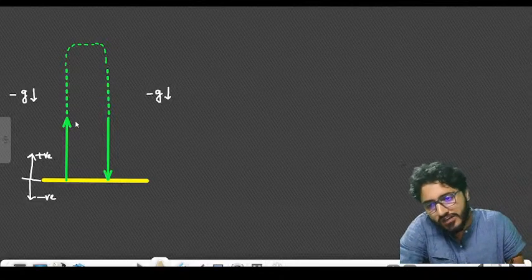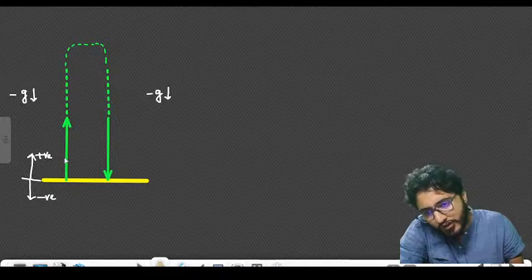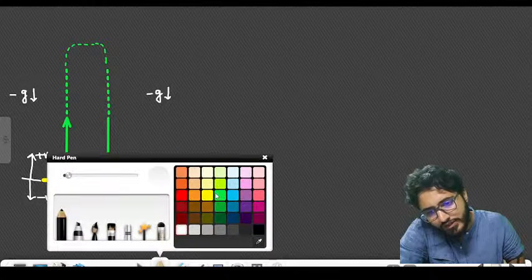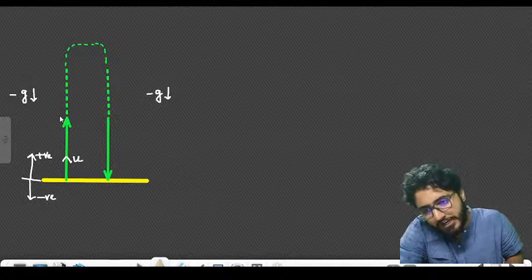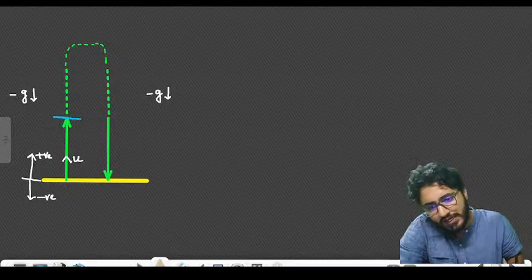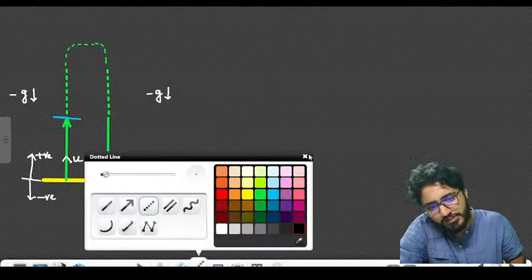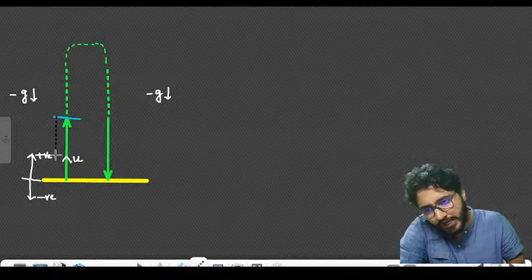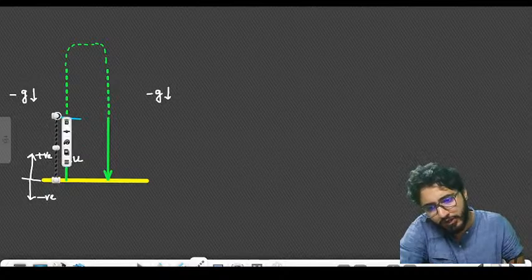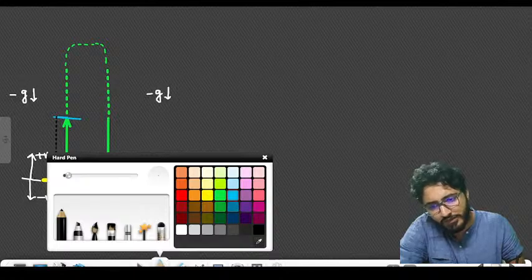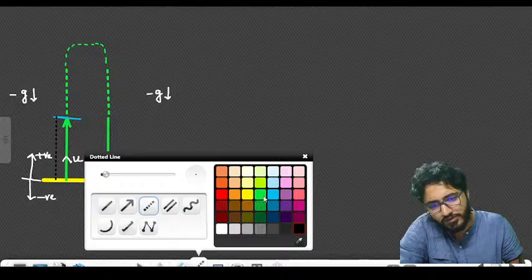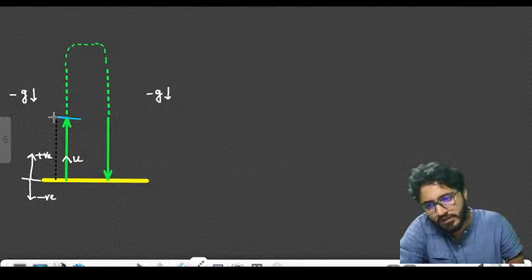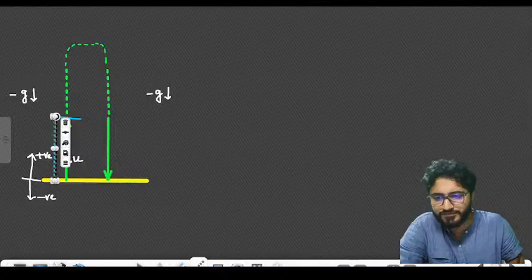Look now. If I throw a body upwards, let us assume I throw it with velocity u. We know that u means initial velocity. After some time it will reach this particular point, this particular height.